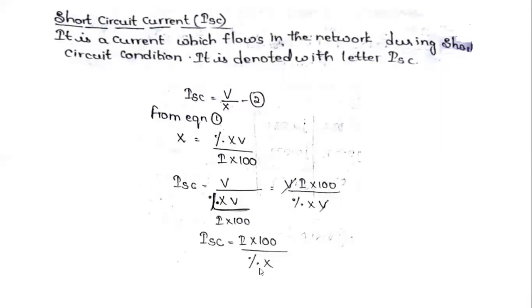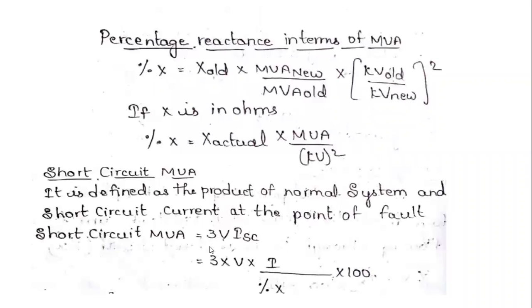And percentage X is equal to X old into MVA new by MVA old into (kV old by kV new) whole square, when the reactance value is considered in per unit values.